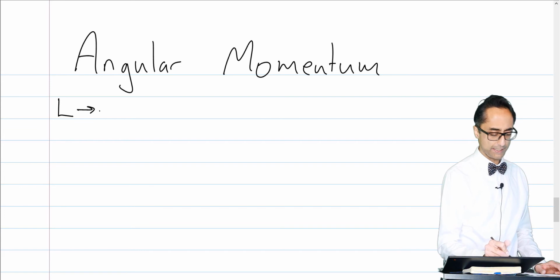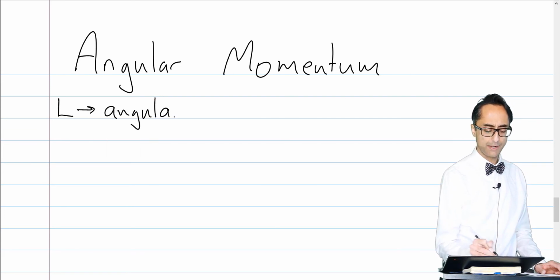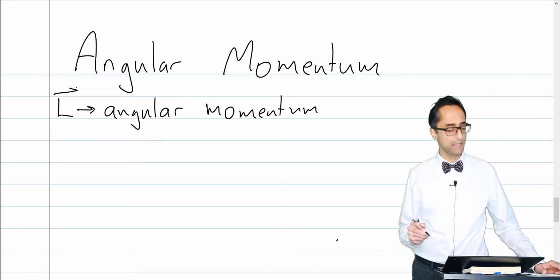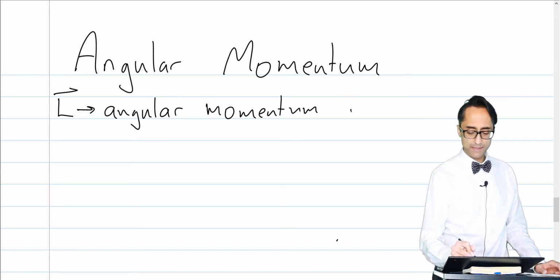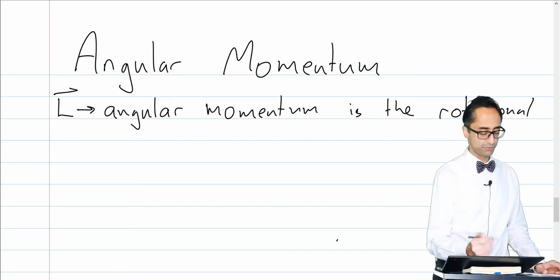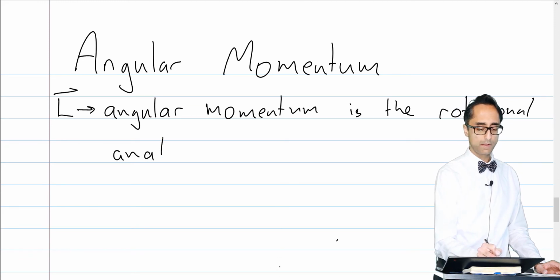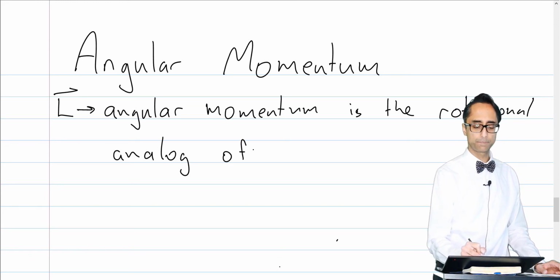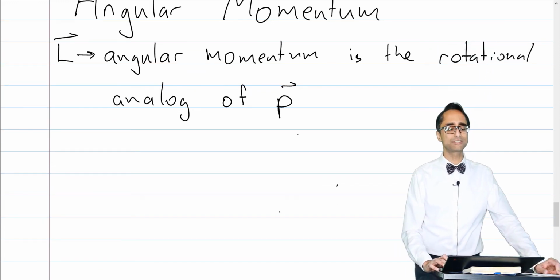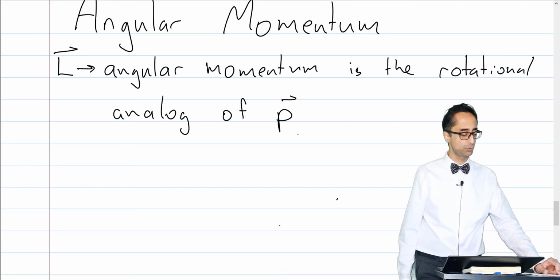We're going to introduce angular momentum now as capital letter L. And angular momentum is a vector, and let's call it the rotational version or analog of our regular momentum, P. And so I want to, first of all, see how those two terms are related to each other.